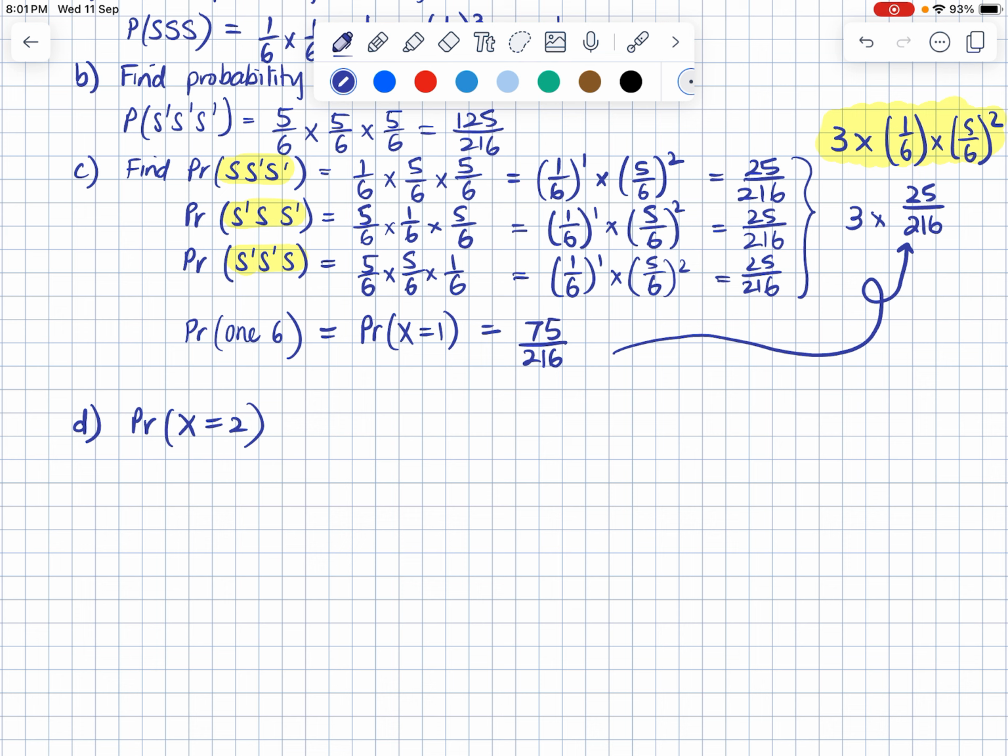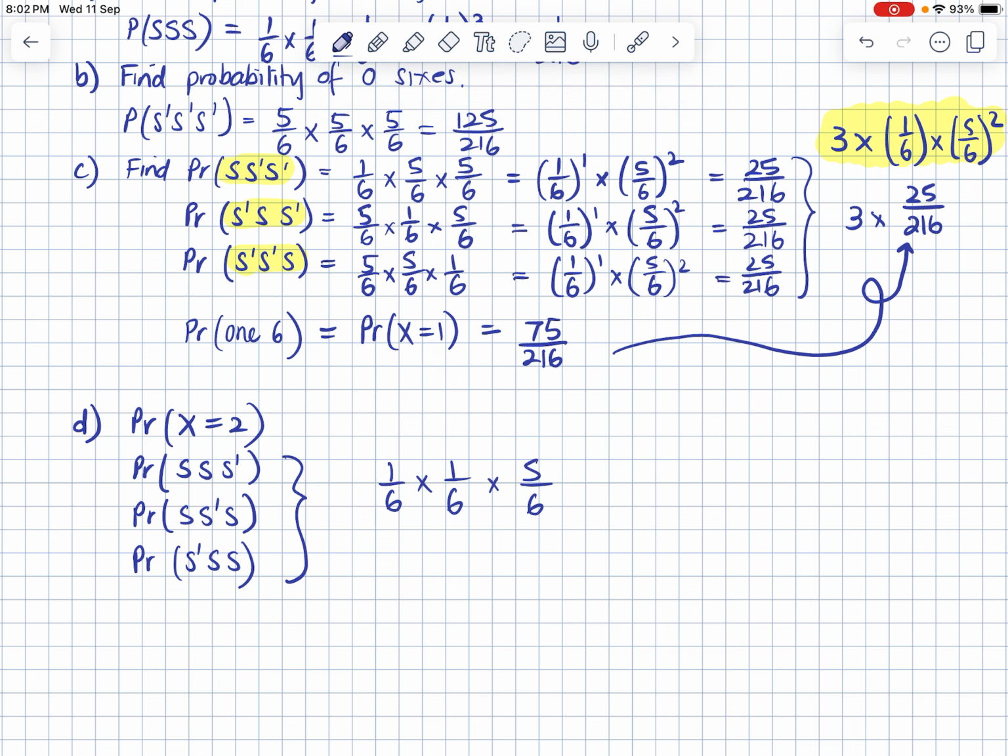Same thing again, we can go through all of the combinations. So I could have 6, 6, not 6, 6, not 6, 6, or we could have not 6, 6, 6. And for all 3 of these combinations, it is going to be equal to 1/6 times 1/6 times 5/6.